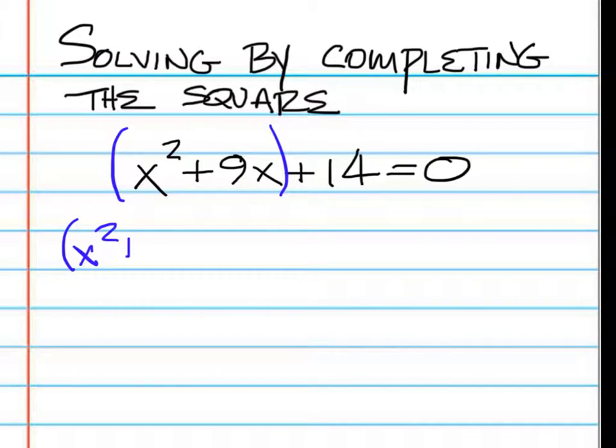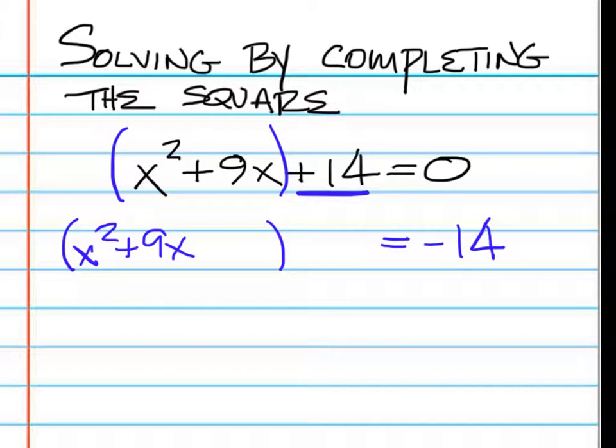So we can write it like this. X squared plus 9x, leave a space, and then you have this 14 there. That 14 is going to have to move over to this side and change signs to negative 14. We want to get it away from the quantity. 9 is our middle term. We need half of 9.